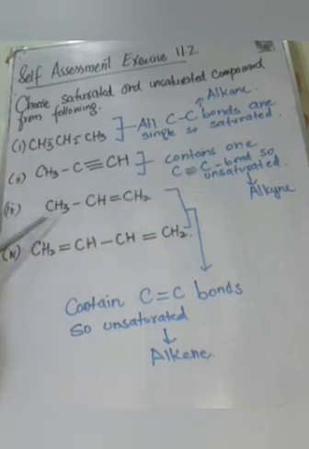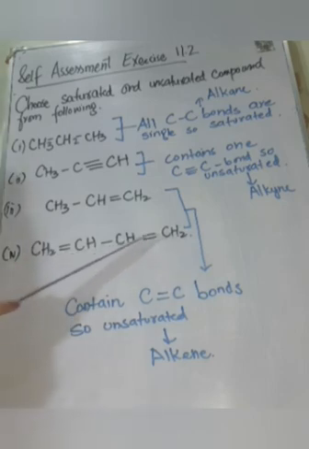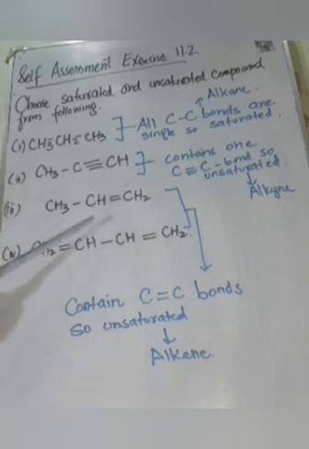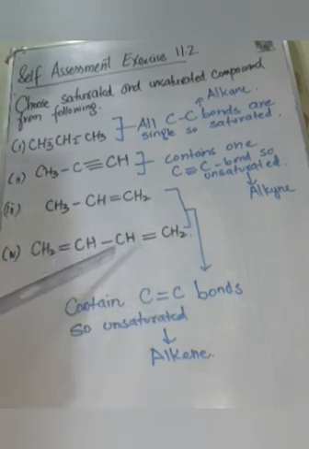In the third example, one carbon-carbon double bond is present. Therefore, it is an unsaturated compound, and since a double bond is present, it is considered an alkene. In the fourth example, we may see that double bonds are present between the carbon atoms. The presence of these double bonds tells us that this is an unsaturated compound and it is an alkene.